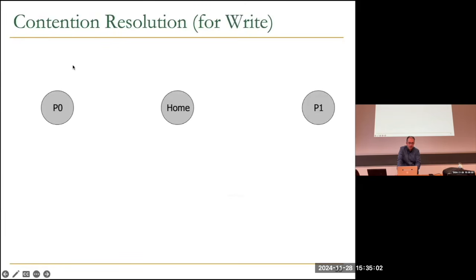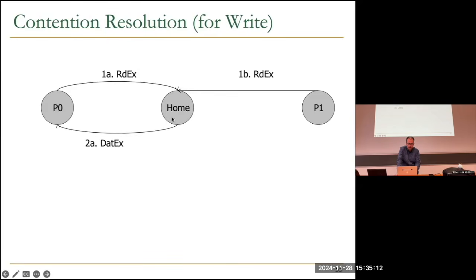And here is another example, when you have contention and how you resolve that. Both processor 0 and processor 1 send read exclusive to the home directory. The home directory acknowledges one of them and sends the data to that one. For the other one, you can send a NAK, or you can, for example, queue the request and service it when you have time.